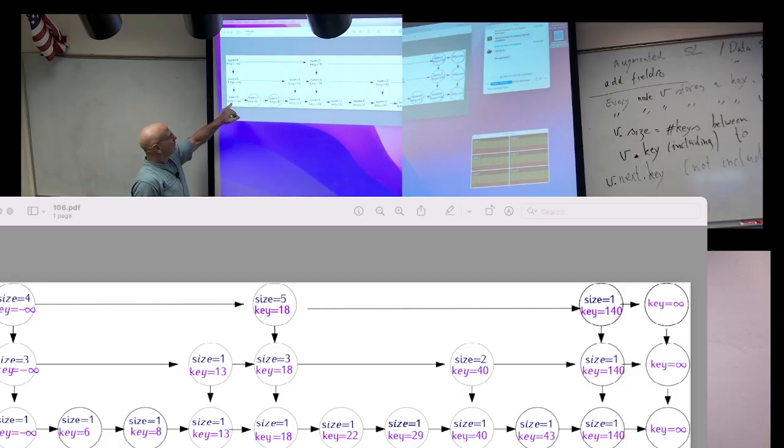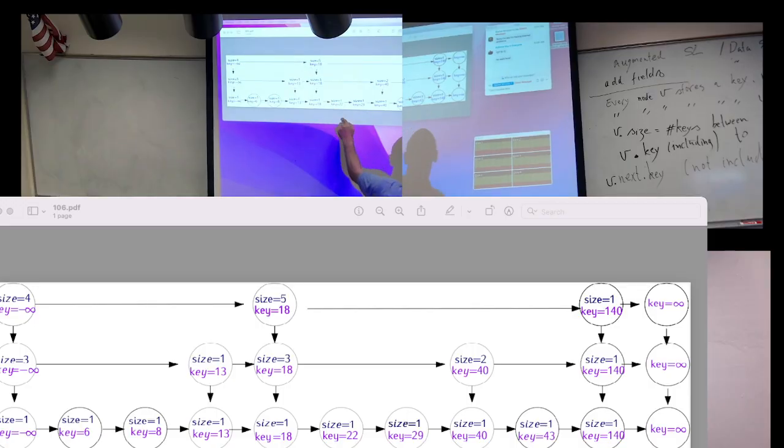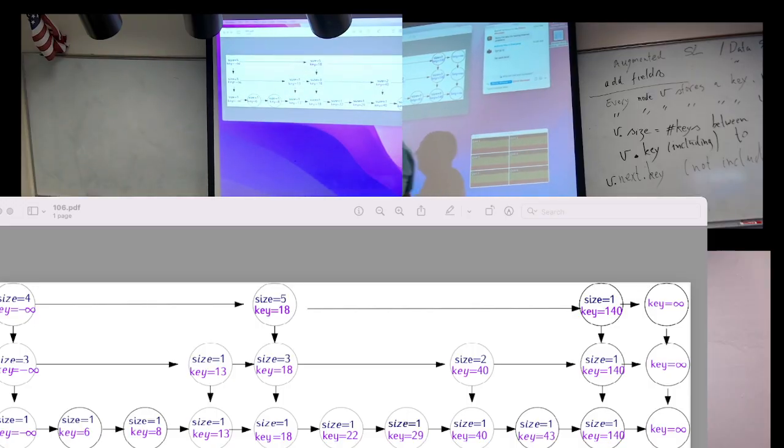So first, for this node V, what is V dot key? It's just minus infinity, just to make sure that the notation is clear. V dot key for this node is minus infinity. V dot key for this guy would be 6. V dot key of this guy is 22, and so on. Now, what is V dot next dot key?